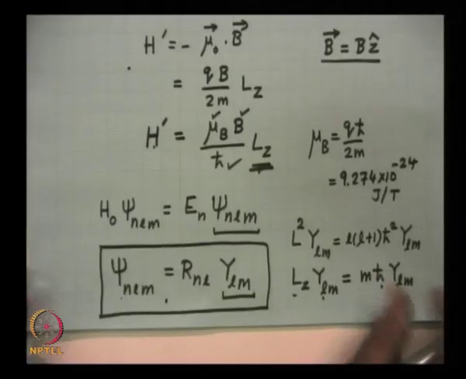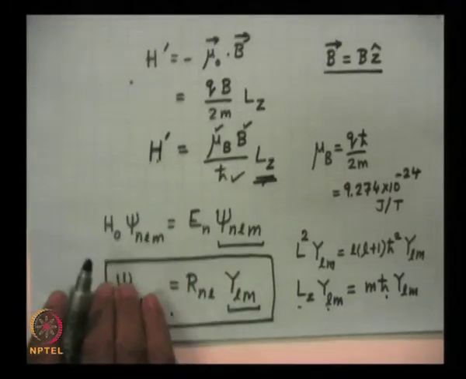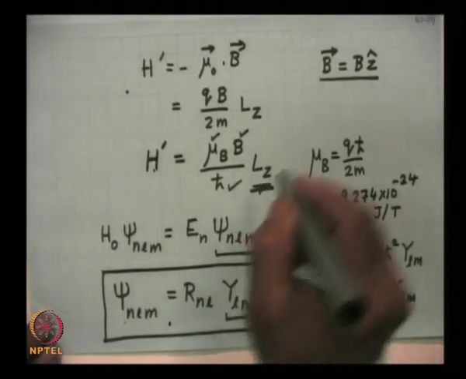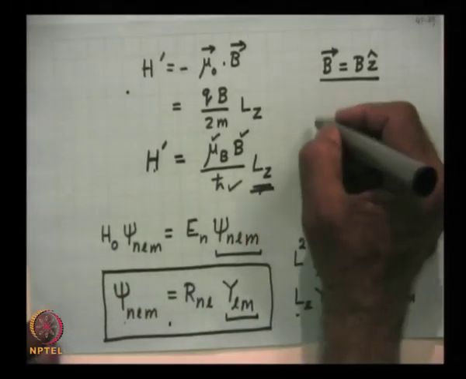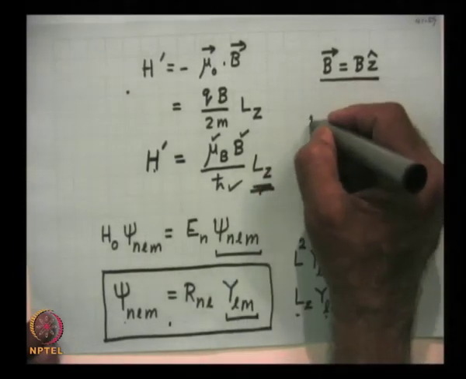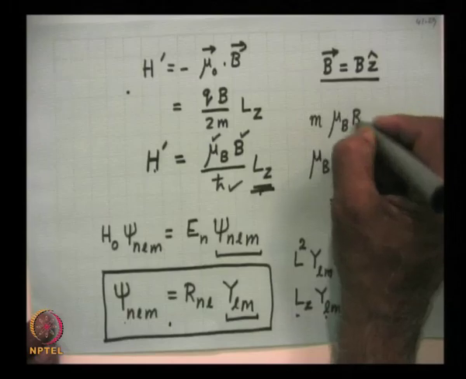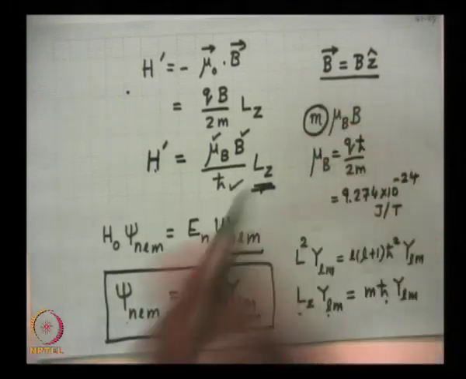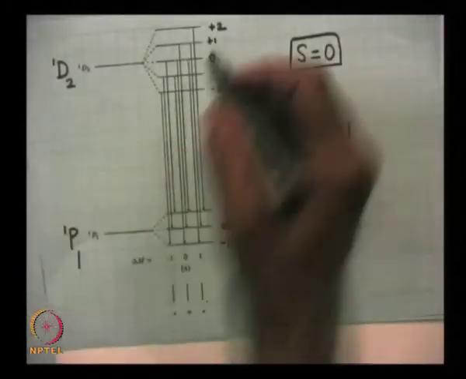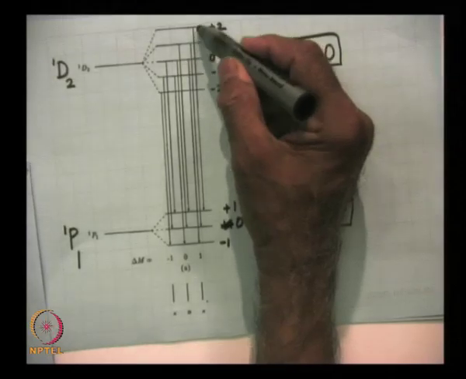The diagonal elements represent the perturbation, and in this case the diagonal elements are, as I wrote down, M h cross, since the diagonal elements are Lz, times mu_B times B. So it is proportional to M, and therefore the splitting is proportional to M.